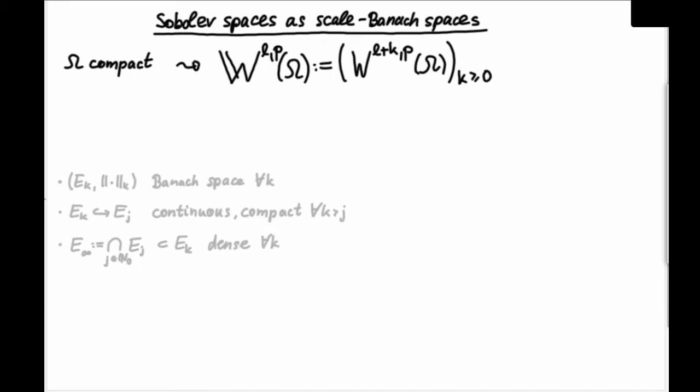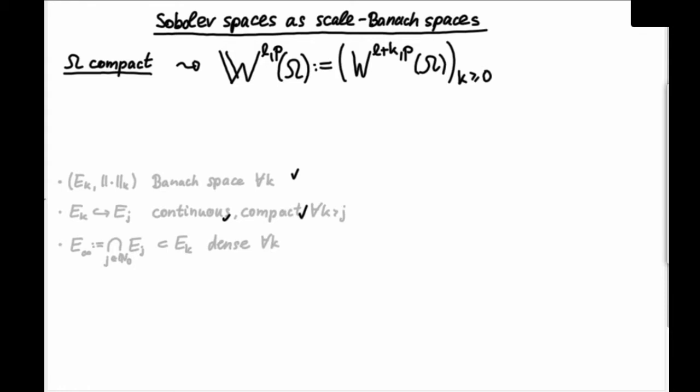So let's see. On every level, that's a Banach space. Check. Right. We have embeddings that are continuous. Check. They're compact. That's what Sobolev embedding tells me when the domain is compact.